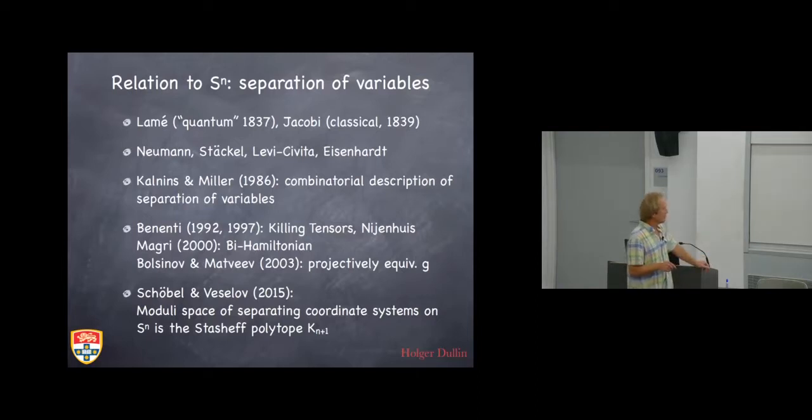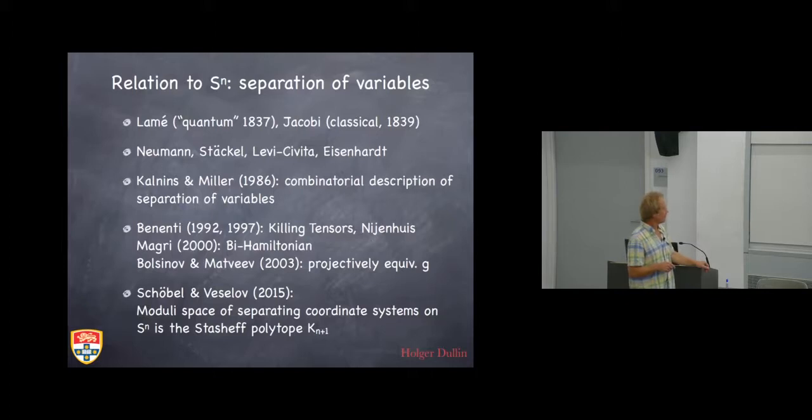And in that context, I guess this is already connecting to Alexei's talk in the morning, the Nijenhuis property appeared for the first time, I think, in this context of separation of variables. Benenti understood that these Killing tensors actually come from one single object. So you don't need to know n Killing tensors, you just need to know one Nijenhuis tensor, and from that tensor, you can construct the other ones.